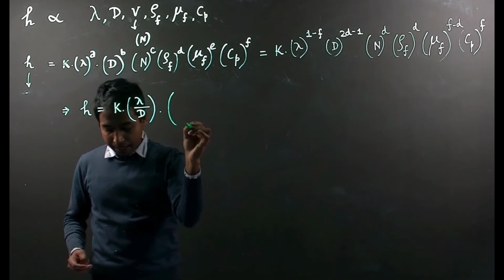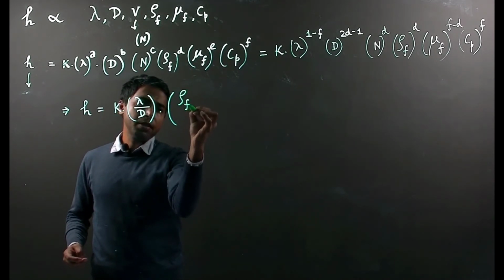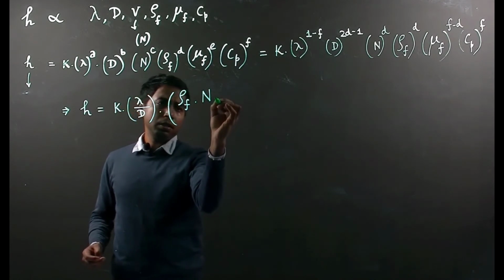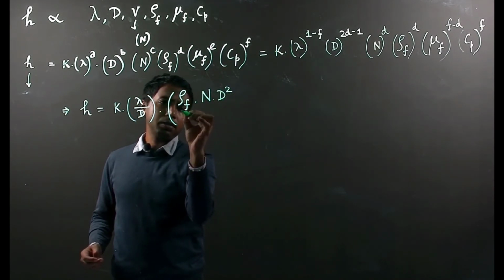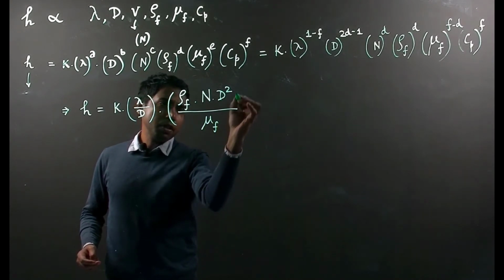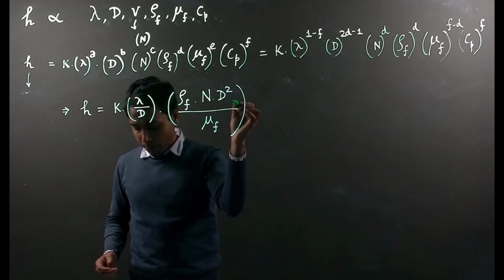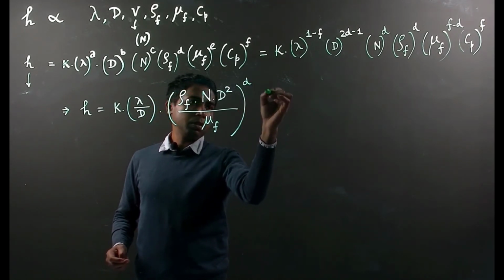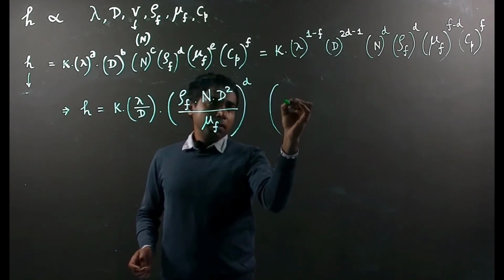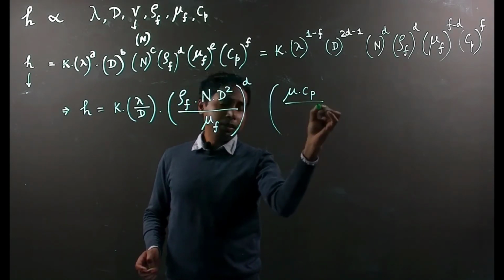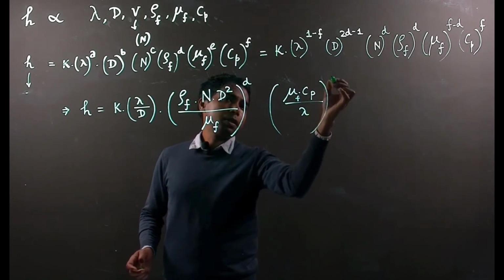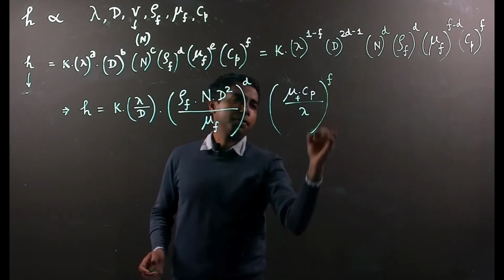If you do that, then it turns out to be rho times n d squared divided by the viscosity raised to the power d, whereas the other remaining term will then be mu times Cp divided by lambda raised to the power f.